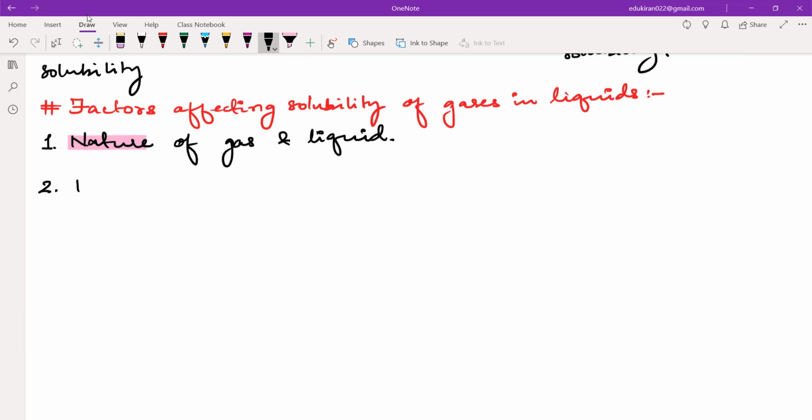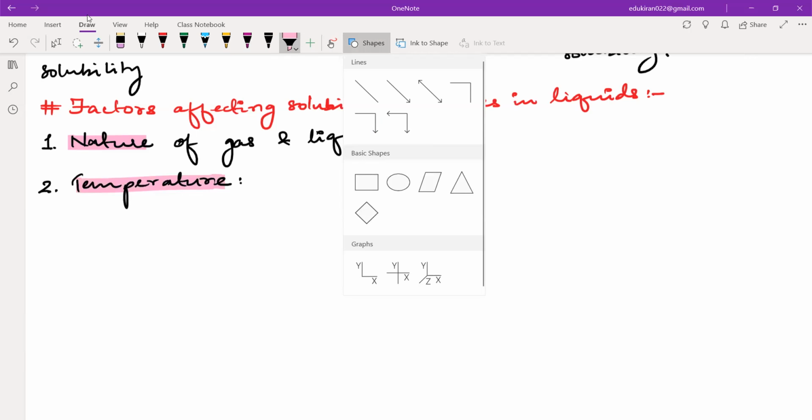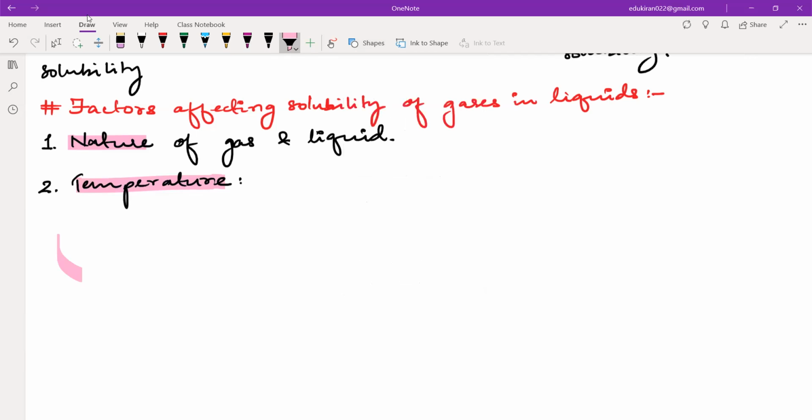Now, next thing that we'll look at here is temperature. In the case of temperature, here also I will ask you to stop writing and listen. Let us suppose that we have a container like this, in which we have water, and we also have gas particles which are solute.